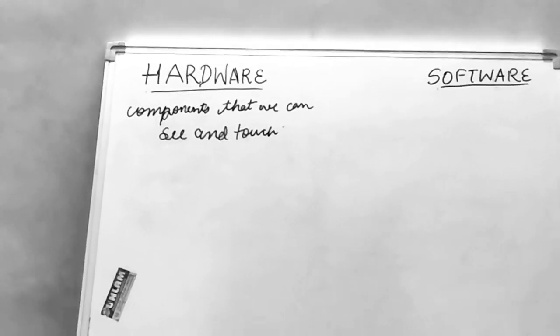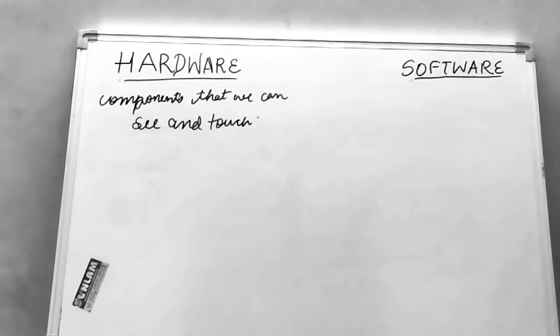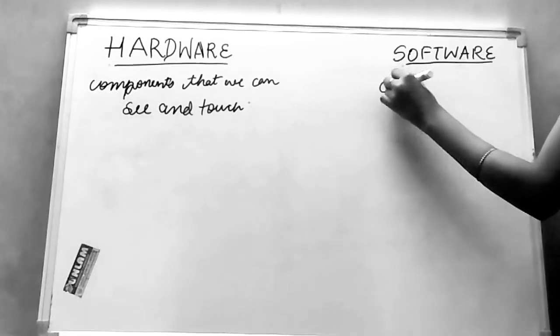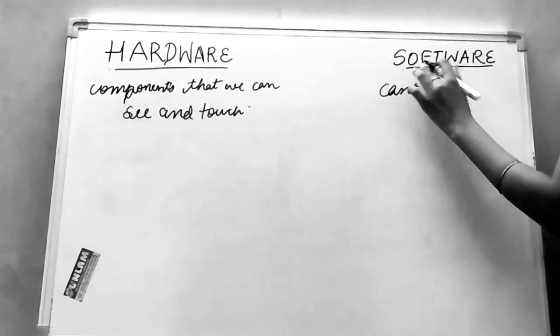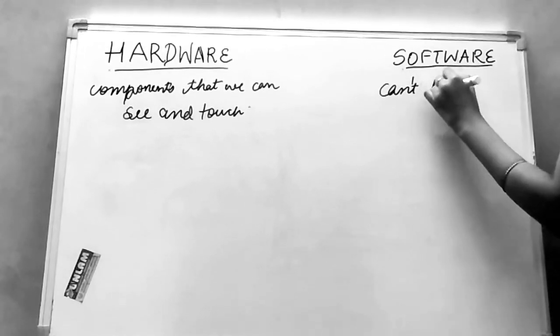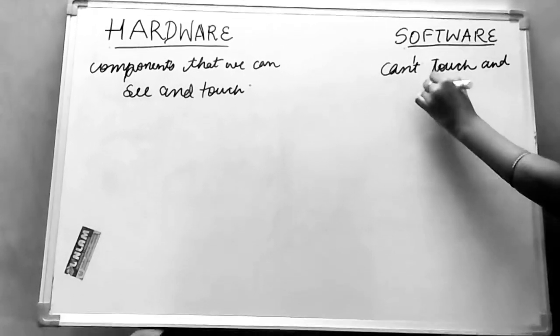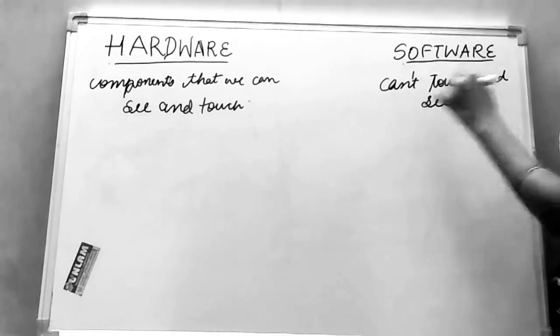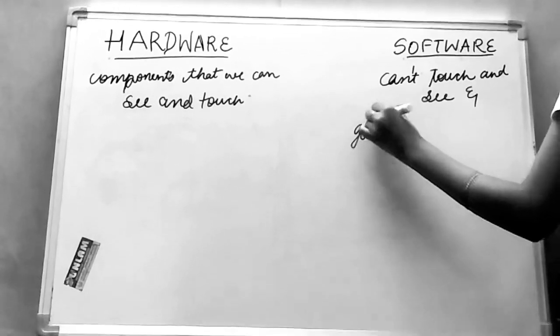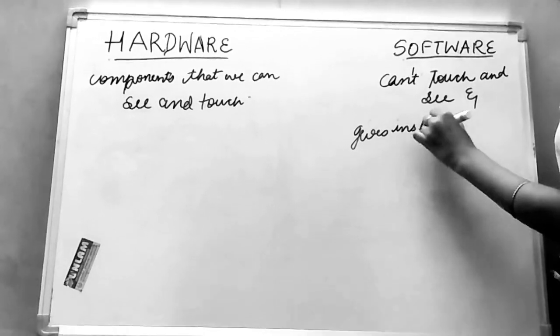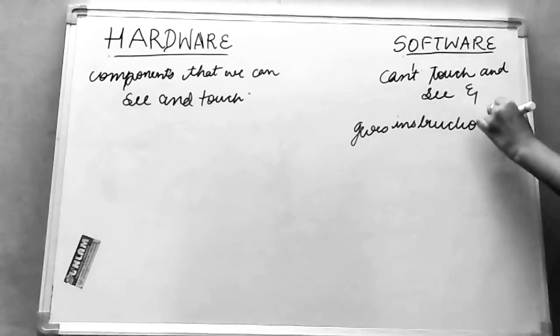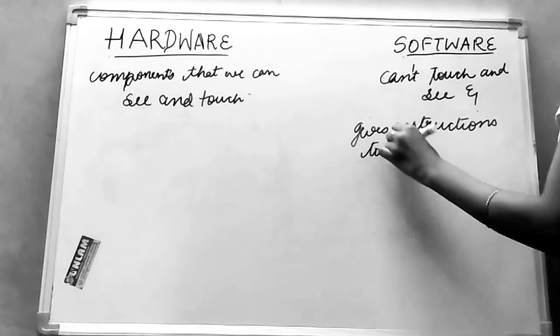And what is software? The components of the computer that we can't touch and see. And this gives instructions to hardware.